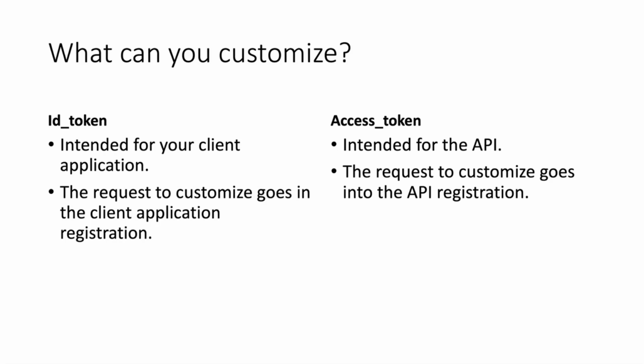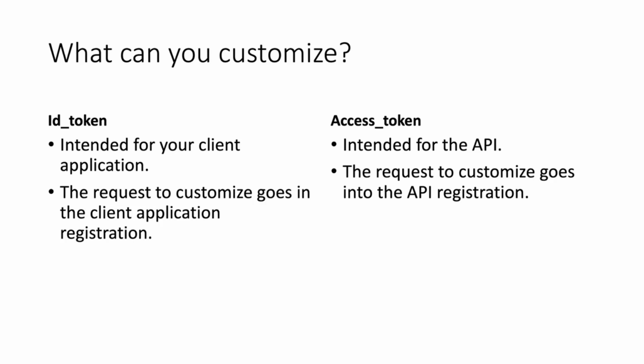Okay, so this is a very important point. In the user interface of Azure AD, you have to tell Azure AD that you want this token to be customized. Where do I specify that? When you want the ID token to be customized, the request for that customization goes in the client application.